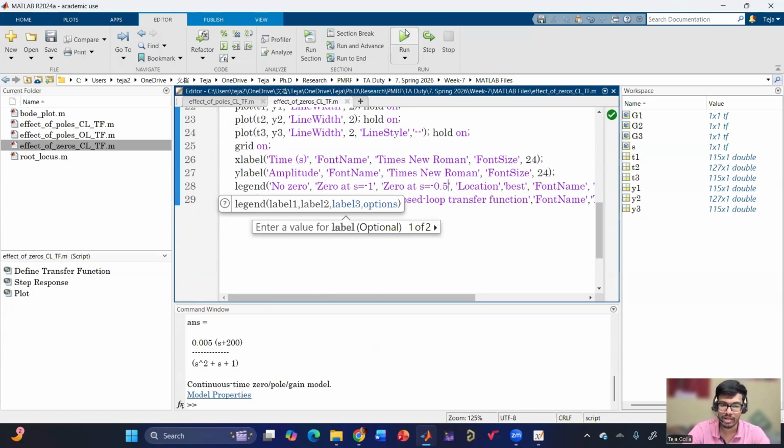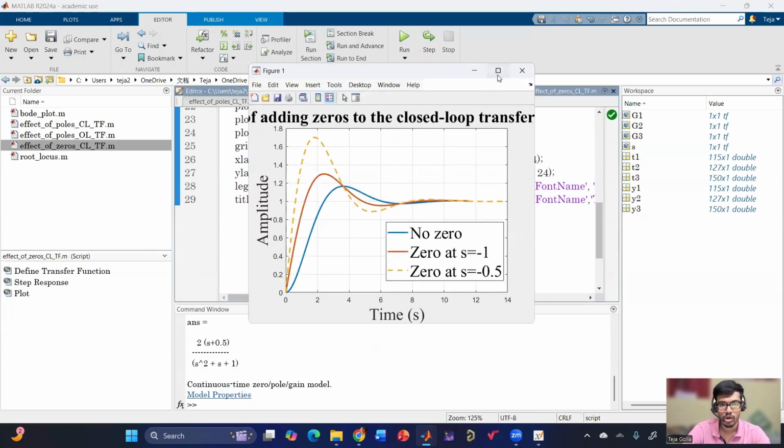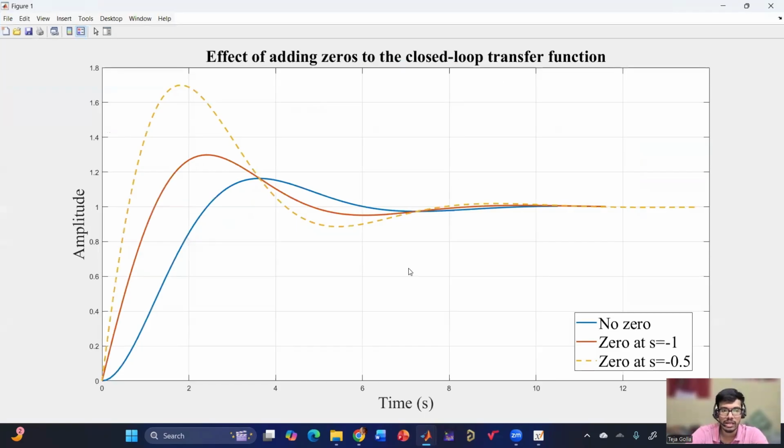Now if you see, the interesting thing is the zero at 0.5, which is relatively closer to the imaginary axis, is causing more overshoot because it is trying to pull it faster because of the derivative effect. It is having that initial kick, so it is trying to increase, but because of this it is causing overshoot. That is responsible for this peak overshoot.